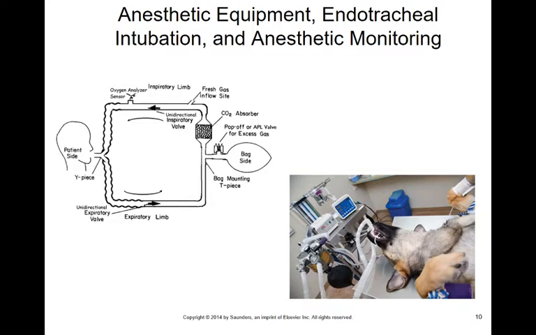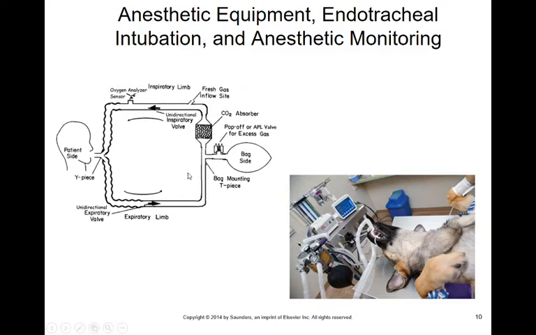It looks pretty complicated, but it really isn't. The anesthetic equipment that we use is delivered into the animal through the endotracheal tube. The anesthesia equipment, if you take a look at it, we have the patient here. There are two types of anesthesia equipment.